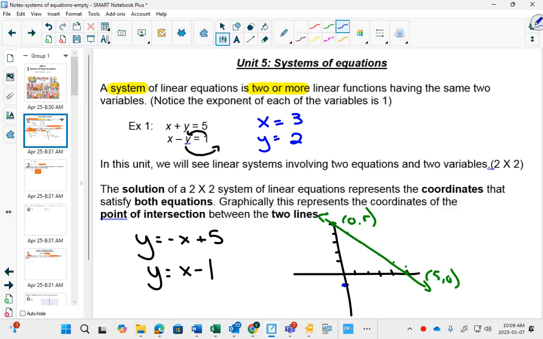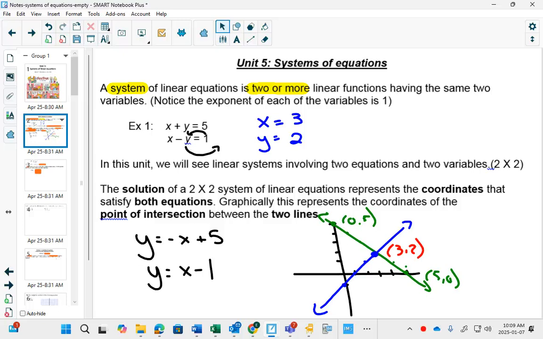And now I have a slope of positive 1, up 1, over 1, up 1, over 1, up 1, over 1. And there, on my graph, I see that those two graphs intersected at 3, 2.